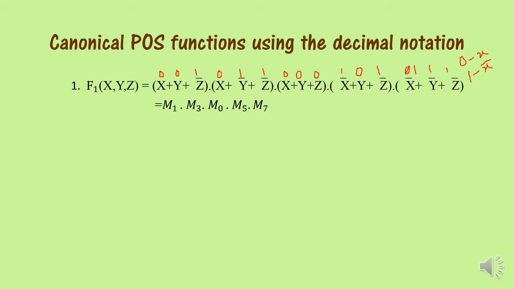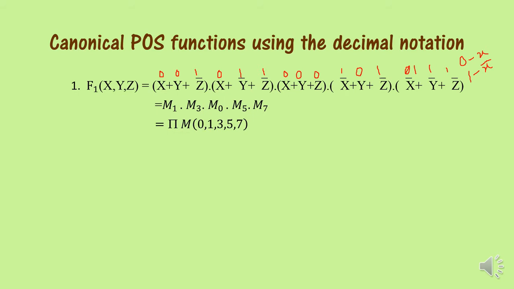Because we already talked about this topic: POS function is represented by max term, which is represented by capital M. So, the decimal notation is pi M of 0, 1, 3, 5, 7. By using this process, we can easily convert a canonical POS function using the decimal notation.